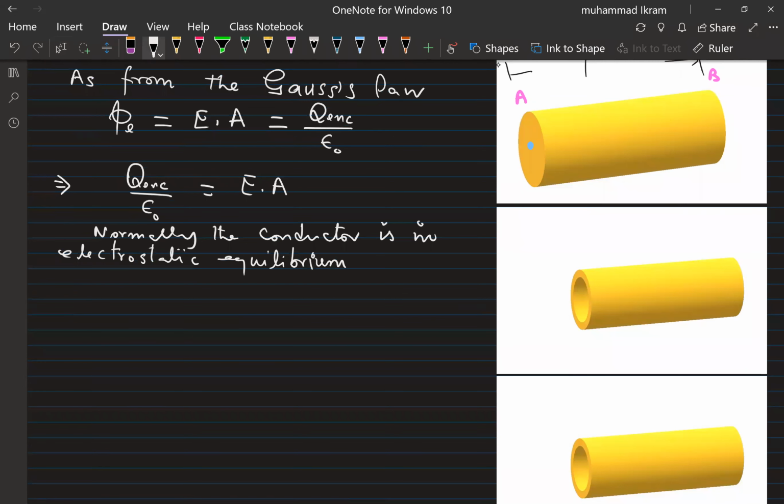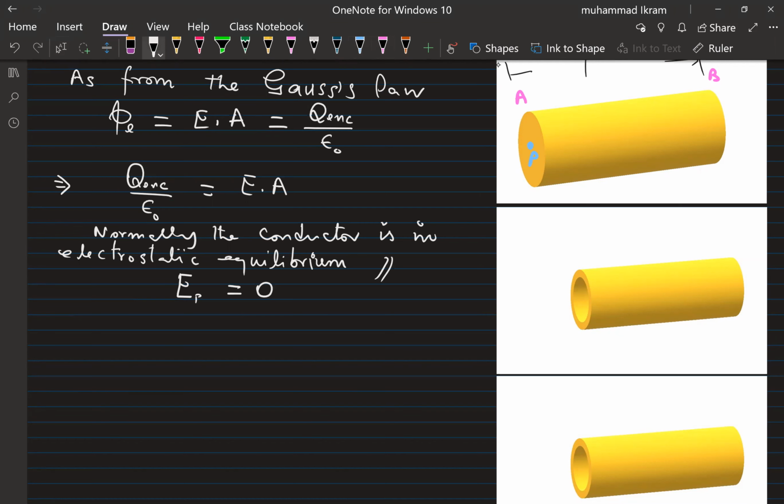So therefore, inside the conductor at the point P, the electric field intensity is zero.